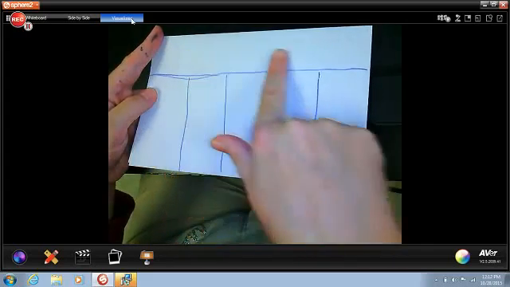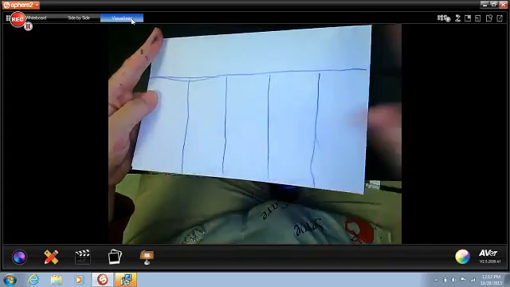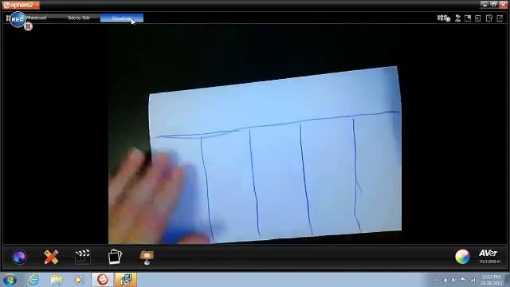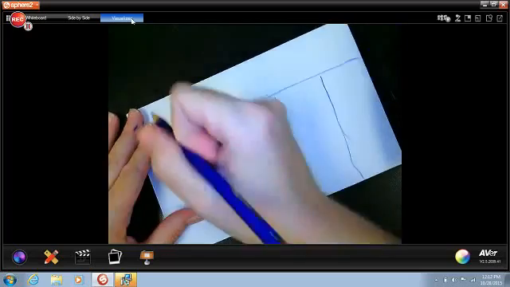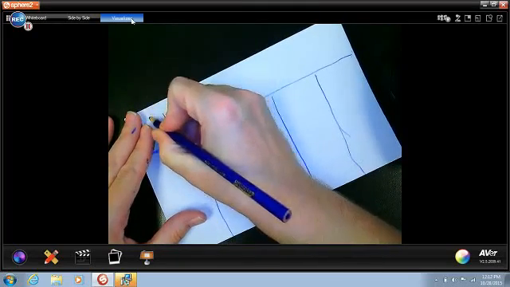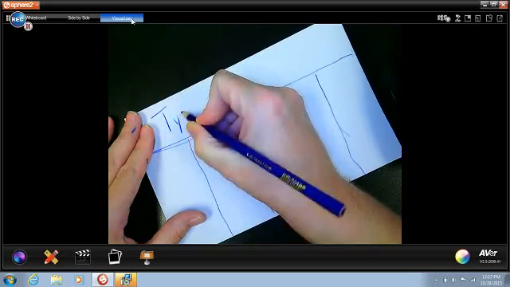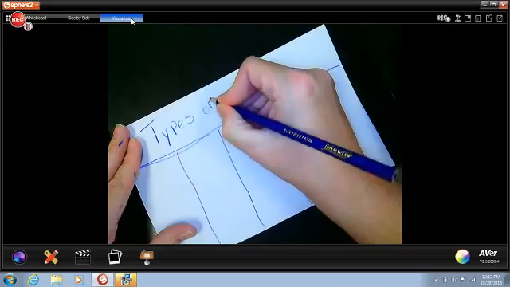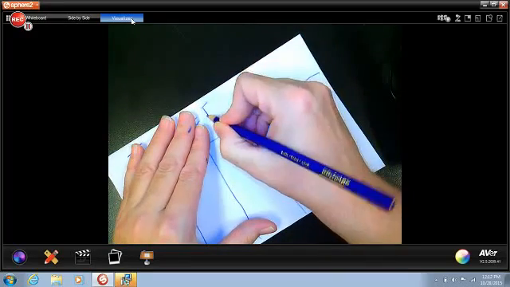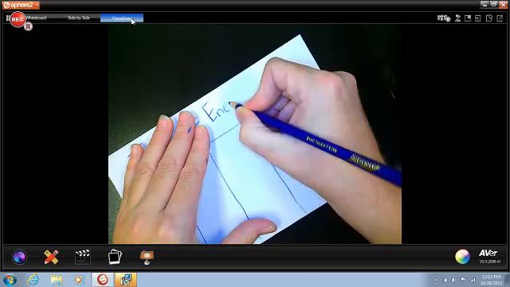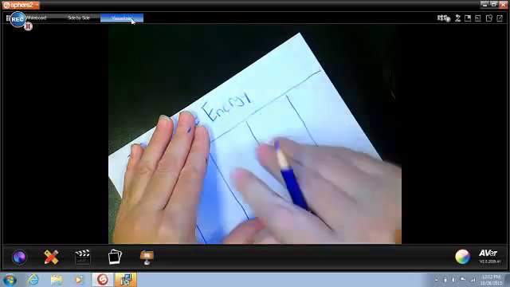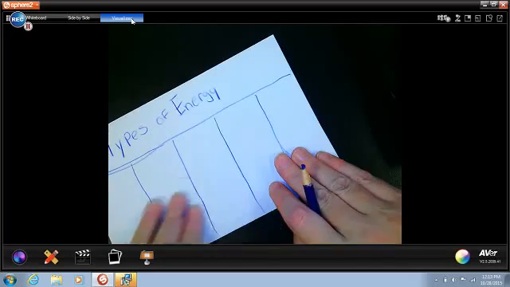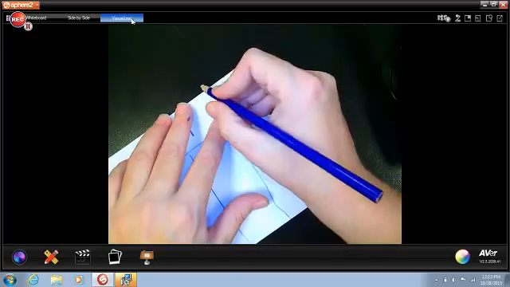We want to go ahead and put our title right up here, the title of our vocabulary word list. We're going to write down types of energy. And because there's an acronym for our energy, we're going to write it up here to help us remember it.